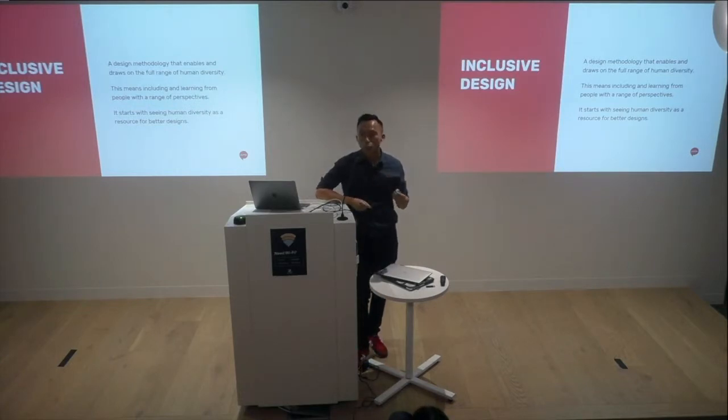It means including and learning from people with a range of perspectives. It starts with seeing human diversity as a resource for better designs. So in my experience it's more of an approach rather than meeting a certain standard. An inclusive design isn't necessarily accessible, but it's the approach that we take.